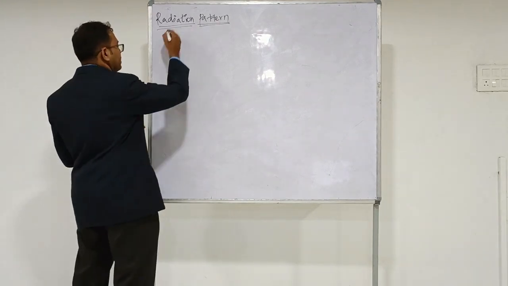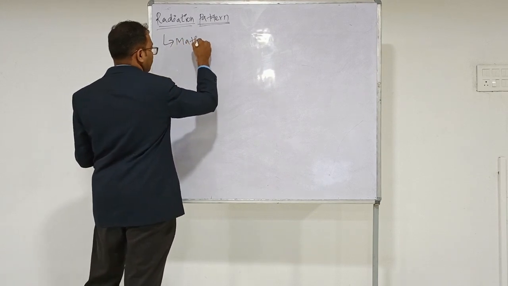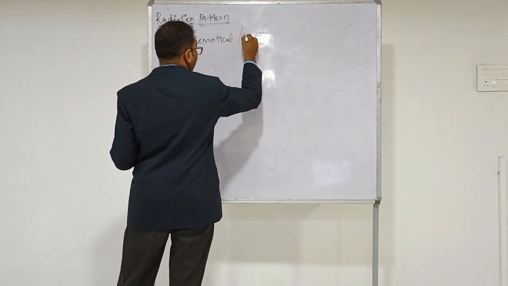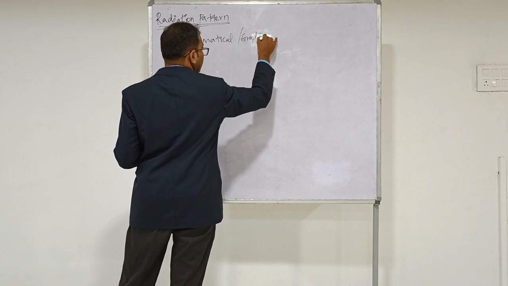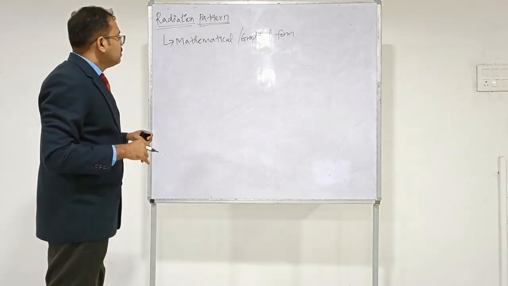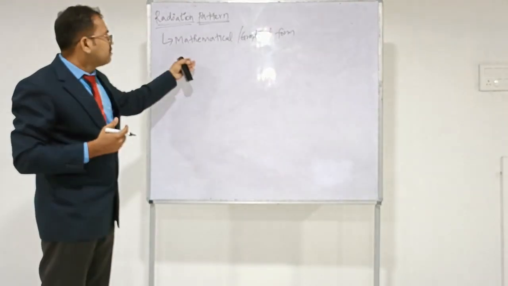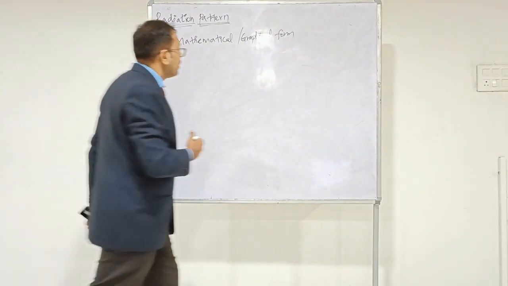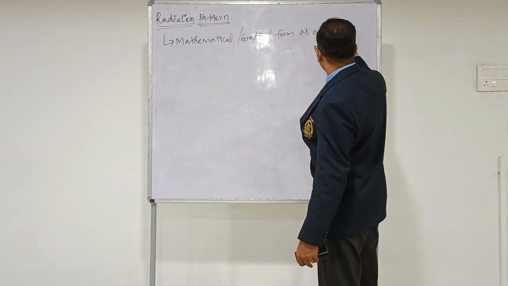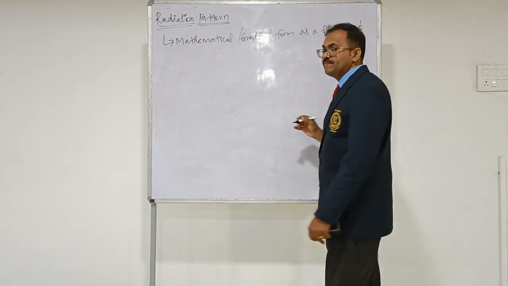So radiation properties of an antenna can be depicted in the mathematical or graphical form. So this is basically the radiation properties of an antenna represented in mathematical or graphical form, right? As a function of spatial coordinates, nothing but theta comma phi.